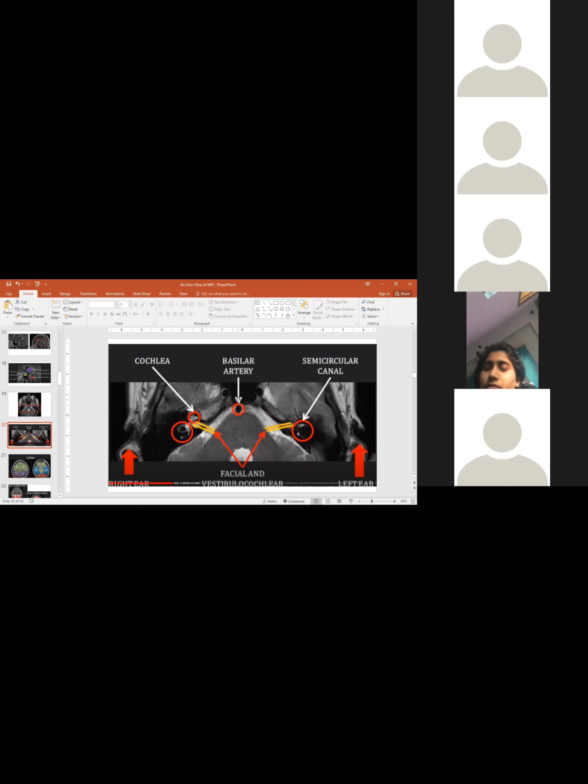Then this low density structure is the basilar artery. You see, it is here. And these two orange lines represent the facial and vestibulocochlear nerve. So these important structures of the posterior cranial fossa can also be appreciated on MRI.